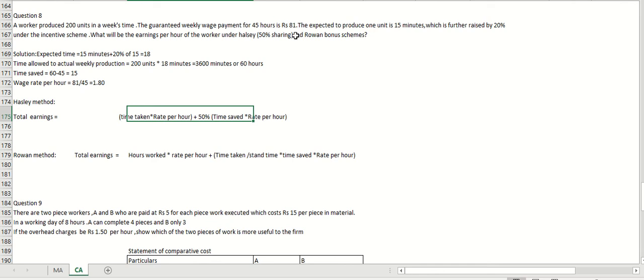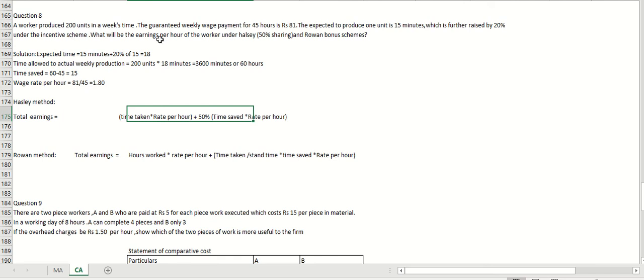So this is the guaranteed wage payment. The expected time to produce one unit is 15 minutes, which is further raised by 20%. So the expected time, that is your standard time, which they set was 15 minutes, but the company has raised it by 20% under the incentive scheme.